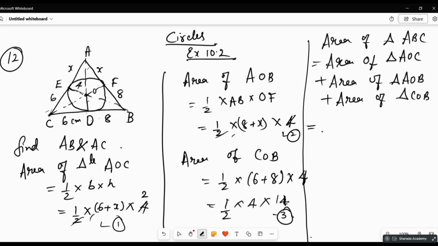So this is equal to 2 into 6 plus x, plus 2 into 8 plus x, plus 14 into.